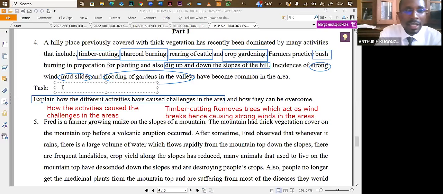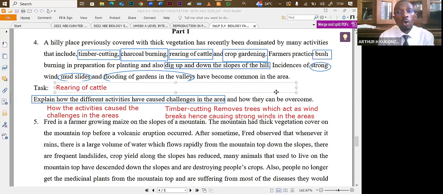So I want to explain the point of rearing of cattle. So the activity is rearing of cattle. Now I'm going to ask myself, of these 3 problems that I have here, which one does rearing of cattle cause? And when I look through the biology, I will be able to connect rearing of cattle to flooding of gardens in the valleys. How I explain that point qualifies it to be either correct or wrong.